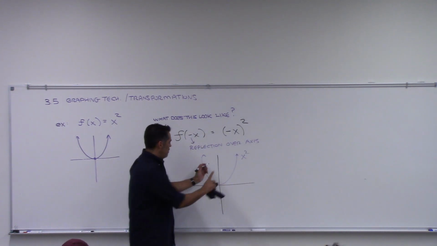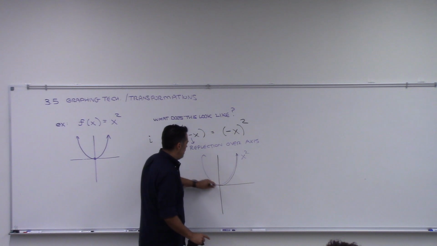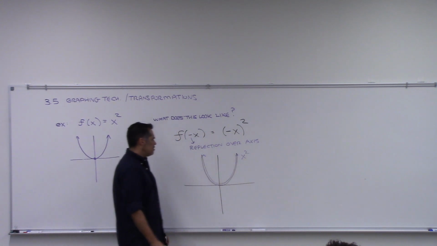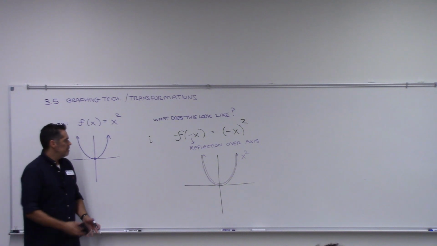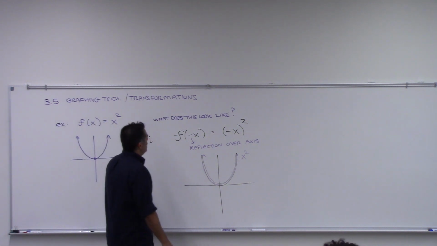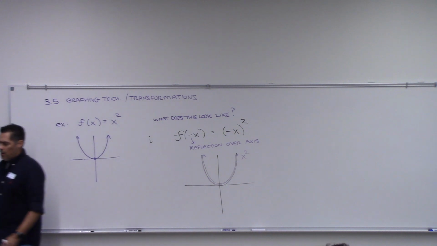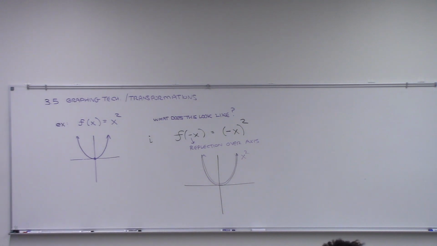Right? So if I reflect it, it lands right on top of itself. Hey, that's also called being what? Even, right? An even function when that happens. Okay, let's see if we've got it all here. Yep, okay. We're ready to do some examples.